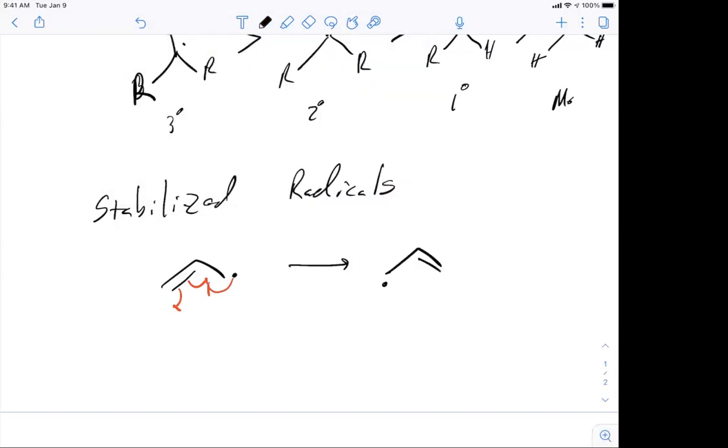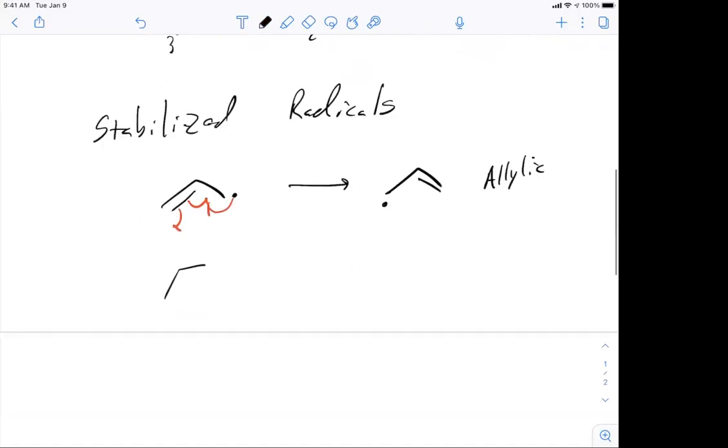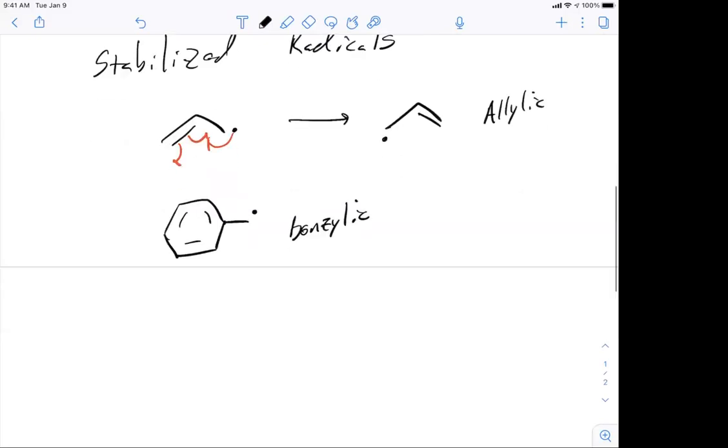Right. So we would have a stabilized secondary, and this one would be allylic. And we could have a benzylic. So just like with carbocations, we're going to have the stabilized allylic and benzylic reactions.